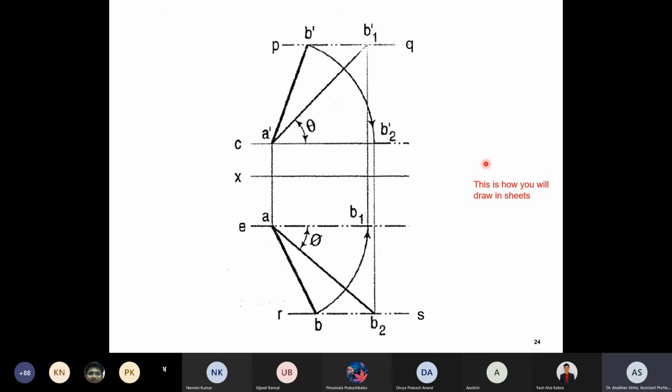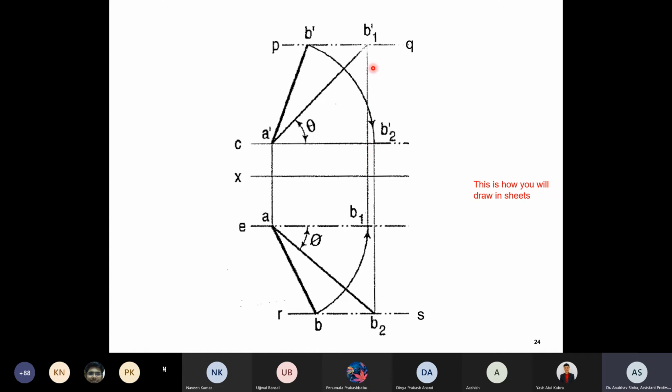So finally, if this type of question will come, this is how you are going to draw in your sheet. So a line is given which will make angle theta with the horizontal plane and angle phi with the vertical plane. So this is how you will draw the projection in top view and front view, and you follow the same steps.